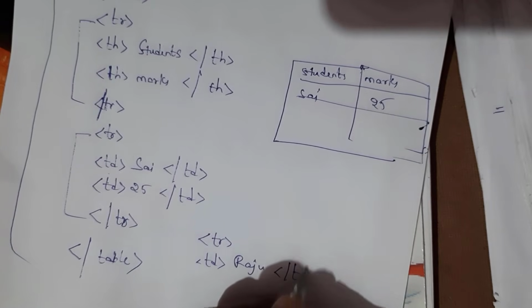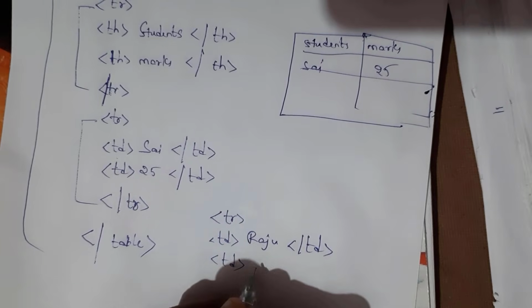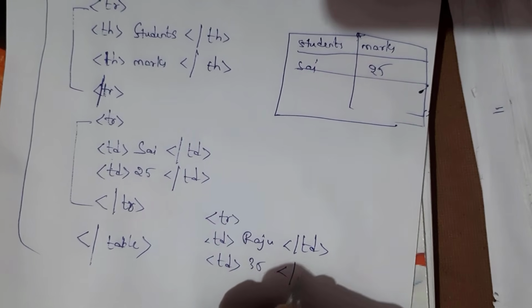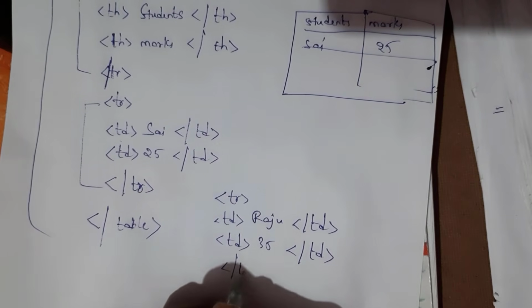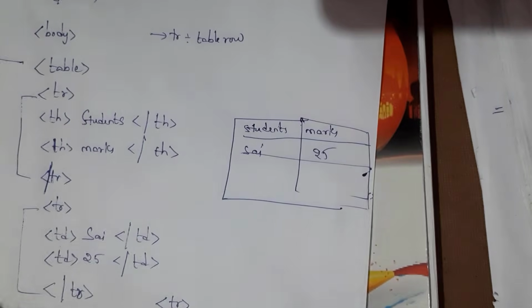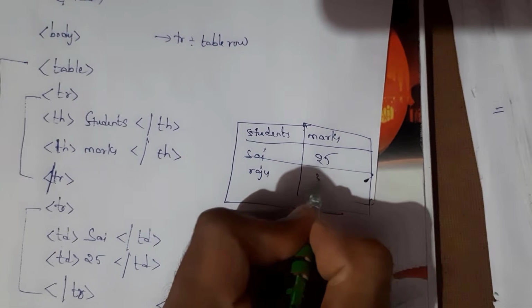Need to close this using the td tag. Similarly open the td tag and marks is 35. I need to close by using the table data tag. So the output is Raju and marks 35.